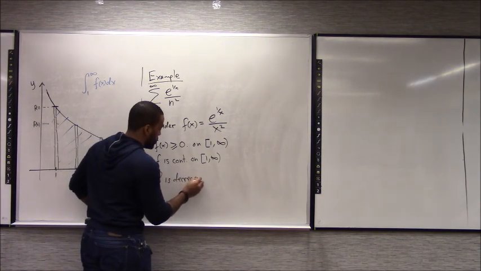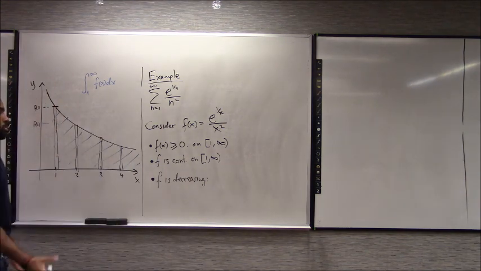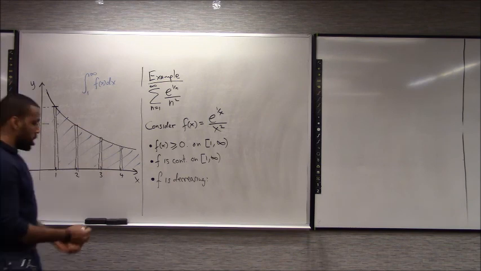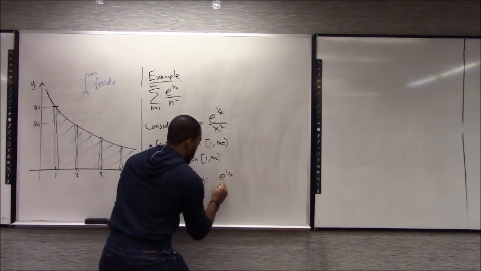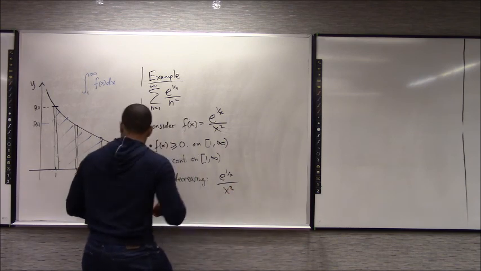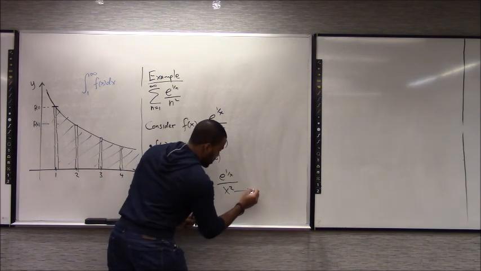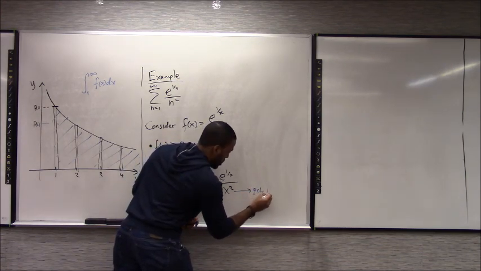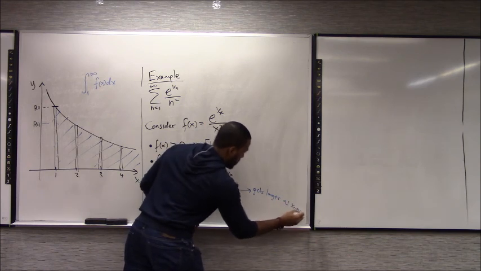Now, there are a couple ways you can show this. One, it's kind of common sense. You have a denominator getting larger, because if you look at e to the 1 over x squared, notice that the denominator is getting bigger as x gets larger, as x approaches infinity.